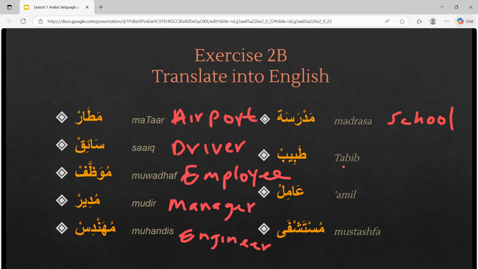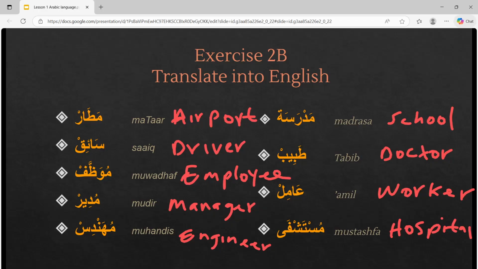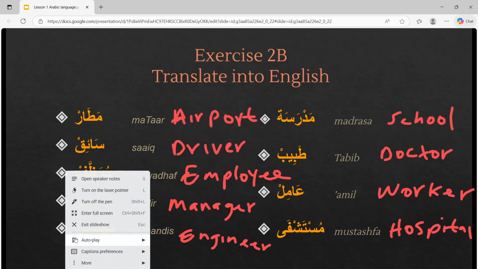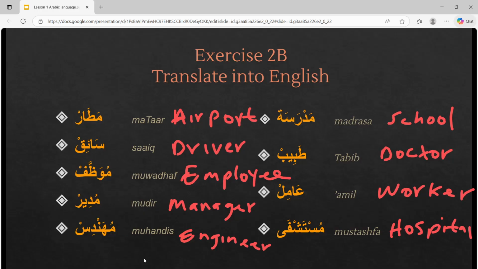Tabib will be a doctor. Amil. Amil is a worker. Mustashfa. Mustashfa is hospital. There you have it. All right. Let's move on to our next slides.